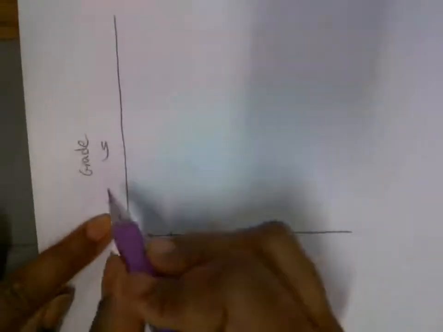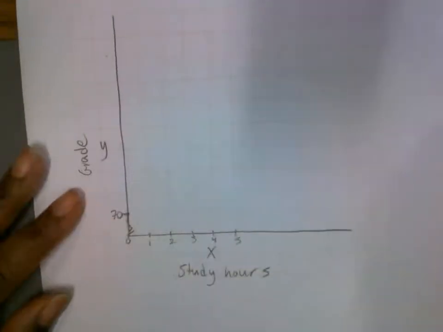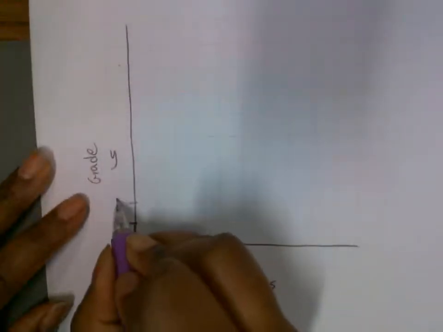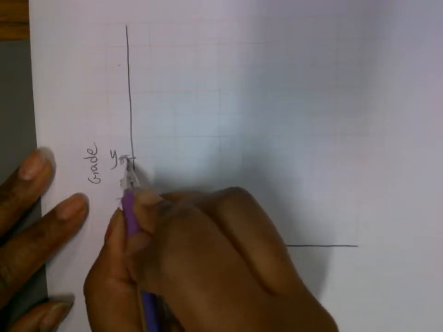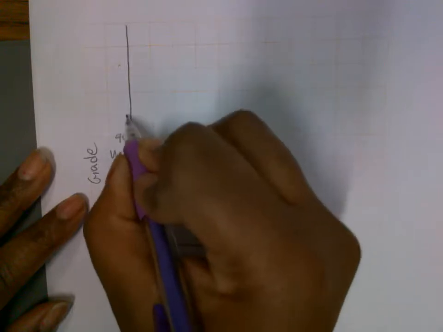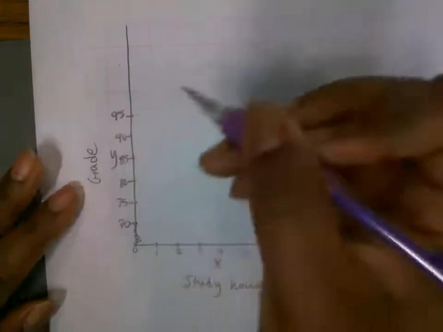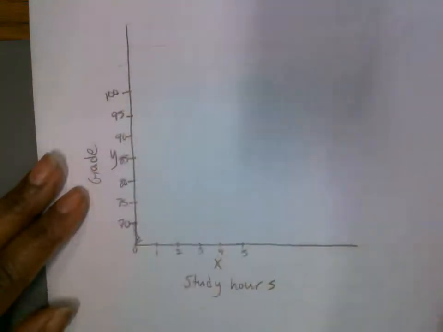Since my lowest number is a 70, I'm just going to start at a 70. If I go up by 2, I'm not going to make it. So let's go up by 5. So this would be 75, 80, 85, 90, 95, 100. That's plenty of space.